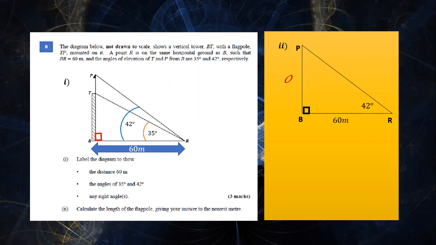But it cannot be cosine, right? Because cosine doesn't have any opposite. But nonetheless, let's continue. It's definitely going to be h because it's opposite the 90 degrees. This has to be, that's the remaining side.